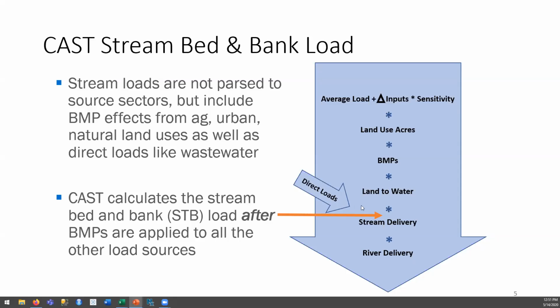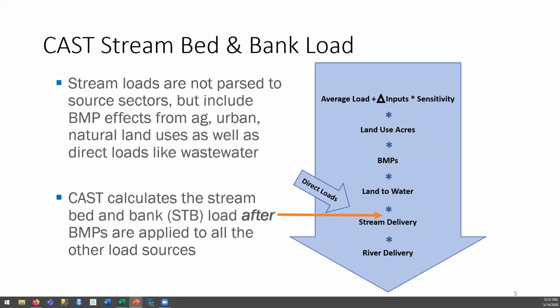That's in direct loads, like your stream load, like wastewater treatment plant loads. And then you calculate the stream, bed, and bank load, which I tend to abbreviate STB. So it takes into account all the BMPs up here. So if you're in an agricultural area and you've got cover crops and a nutrient management plan and no-till, all of that is being considered in what gets into that stream, bed, and bank load.